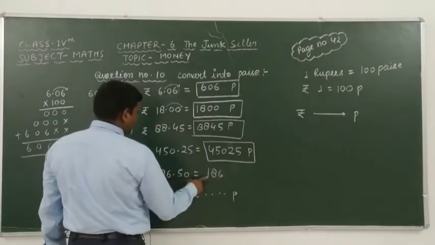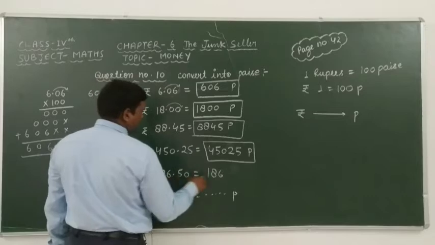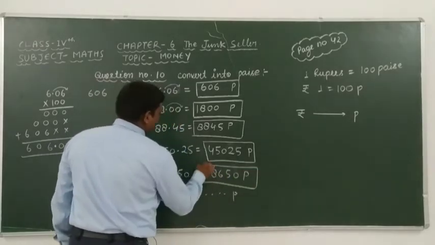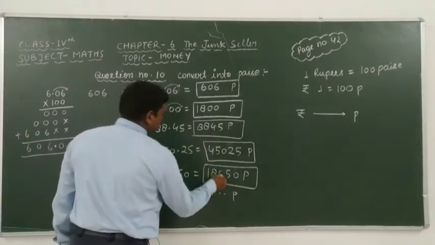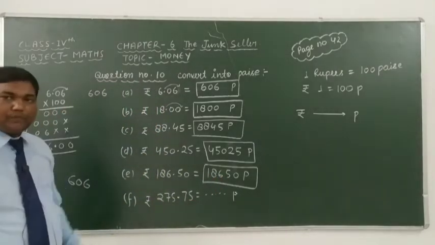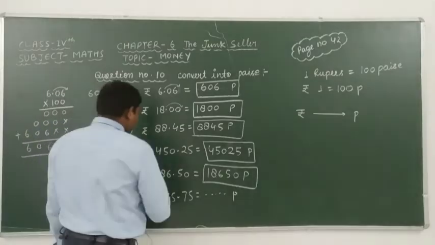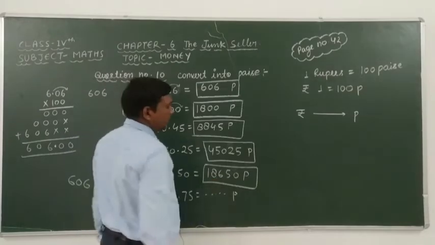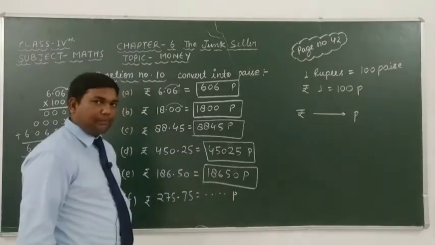Similarly, 186.50 is equal to 18,650 paise. Understand? Rupees 186.50 is equal to 18,650 paise.